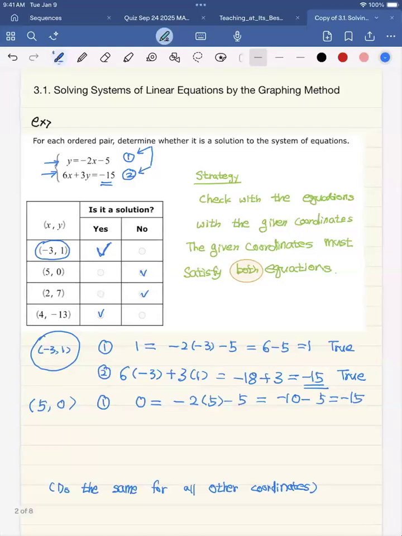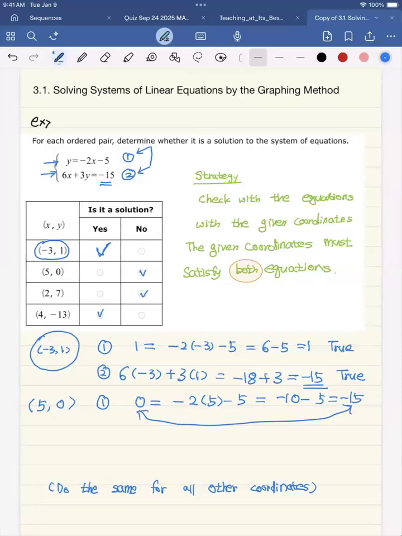So 0 equals -15. Those are not the same, so that is false. So what we verified is that 5 and 0 is not on the first straight line, so it cannot be the solution for both equations. So we don't have to verify the second one. You do the same thing for the third and fourth cases, and then you can verify the third is no and the fourth is yes.